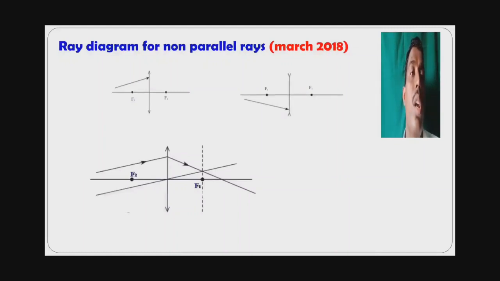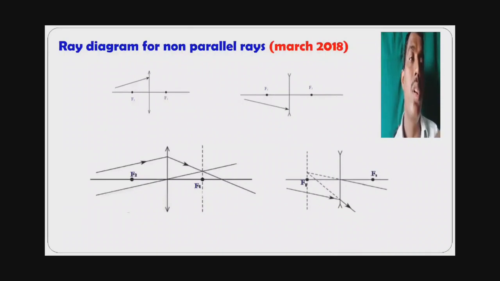Here one concave lens is given and one non-parallel ray is given. Now we will see the complete ray diagram. Here also, first of all, draw a parallel ray to the given ray that passes through the optic center and draw the focal plane at F1. Already you know that a concave lens is a diverging lens.